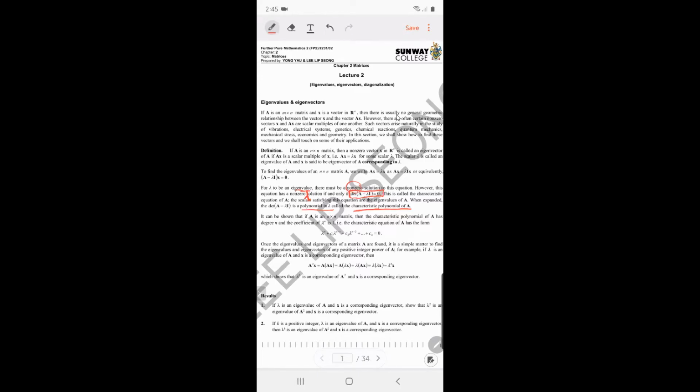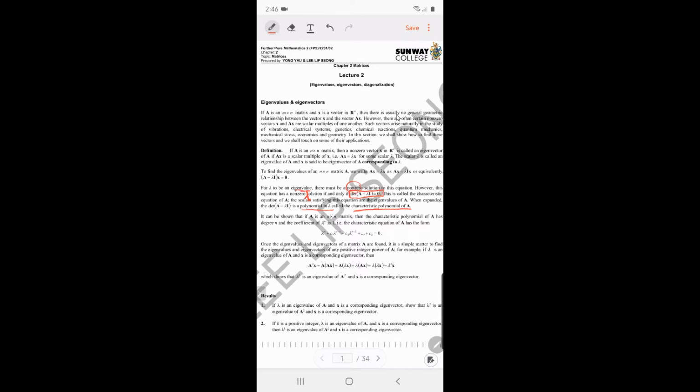If A is a 2 by 2 matrix, the polynomial that you are going to get is a quadratic polynomial. If A is a 3 by 3 matrix, the polynomial you are going to get is a cubic polynomial. If A is a 4 by 4 matrix, then the polynomial that you are going to obtain is a quartic polynomial. It depends on how many rows and columns there are.